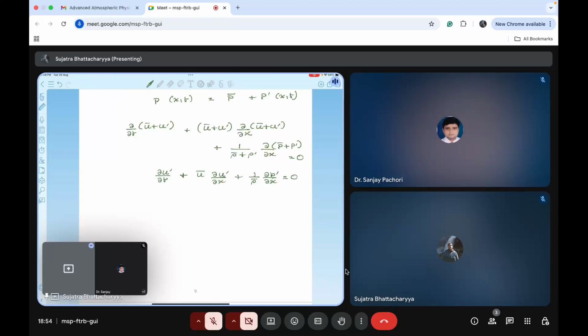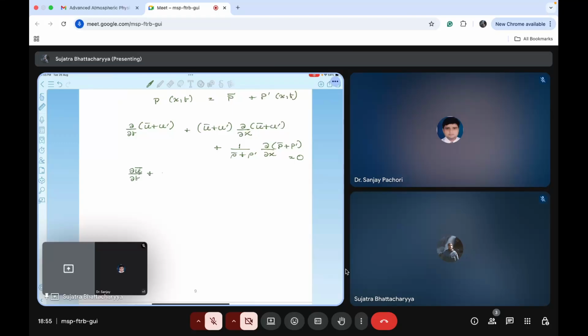So here I have done two steps. Let me just derive it once and then you will understand. It's a simple thing. Let me write all the terms.